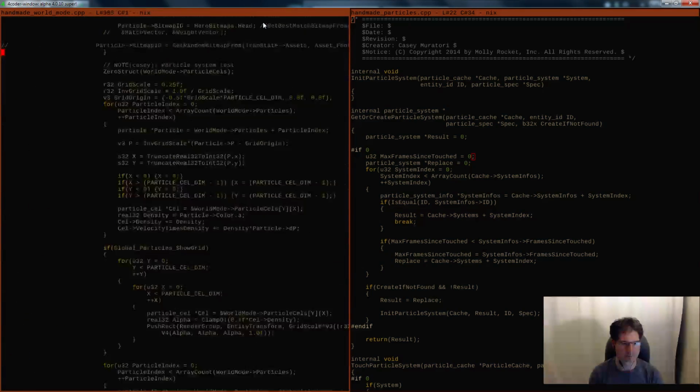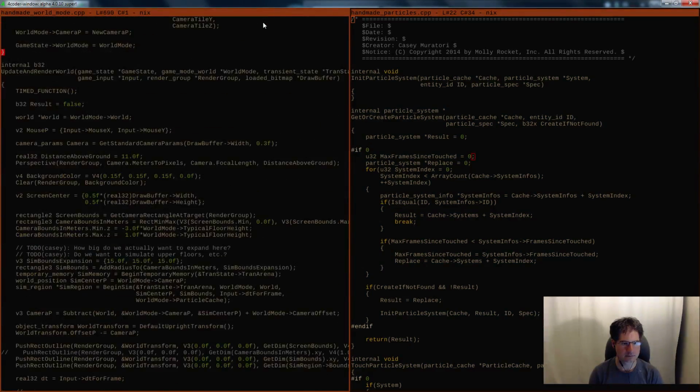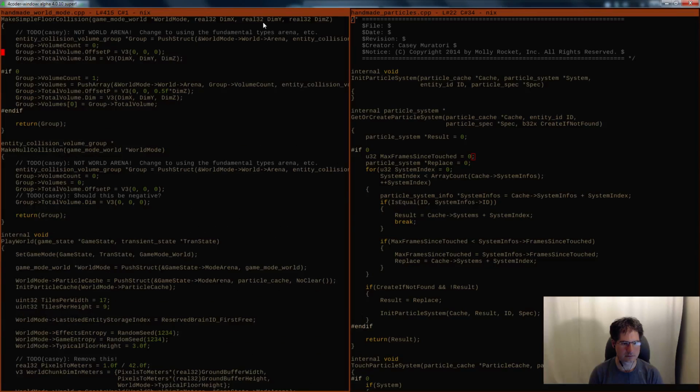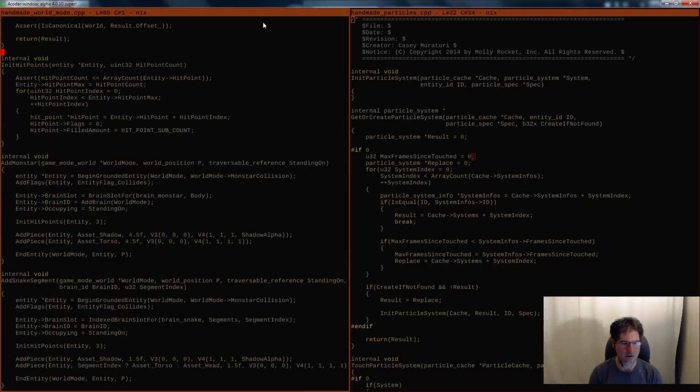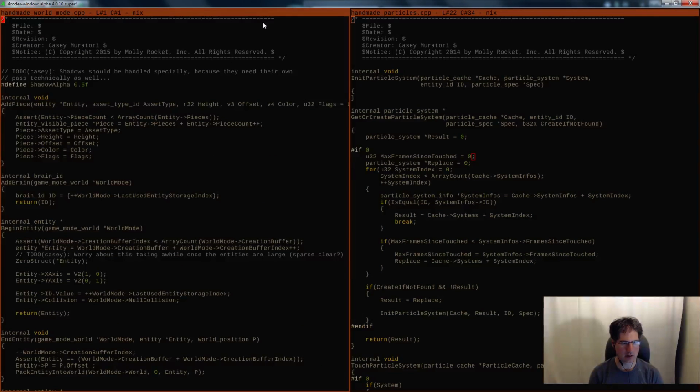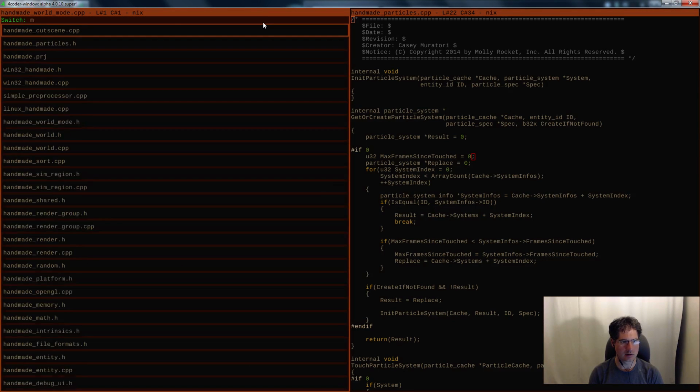Probably in here. What was it that we were looking at there? I don't quite remember. Probably would have been in here.